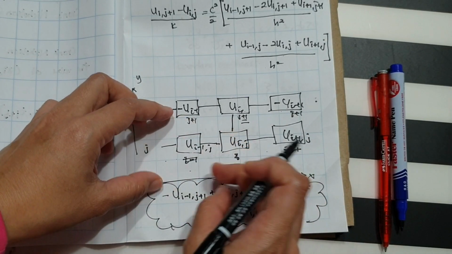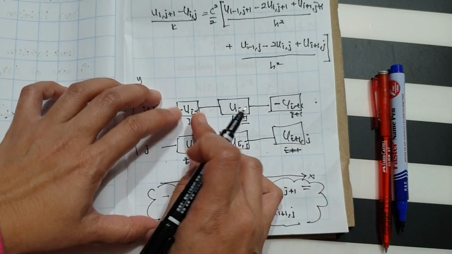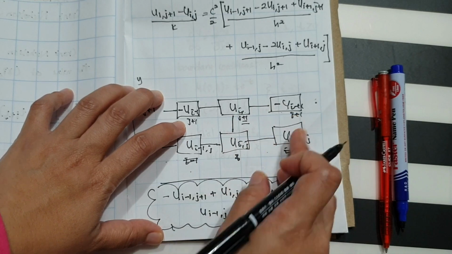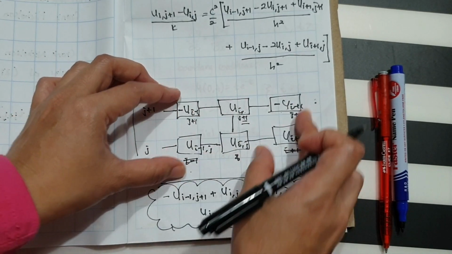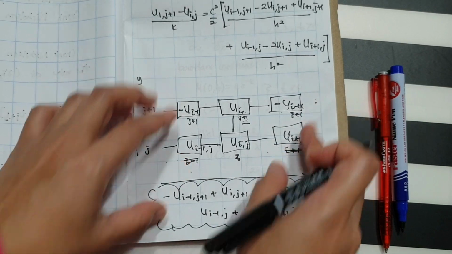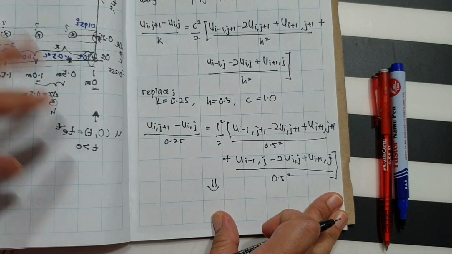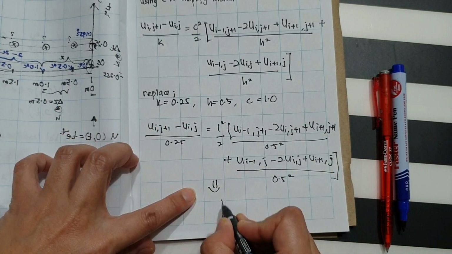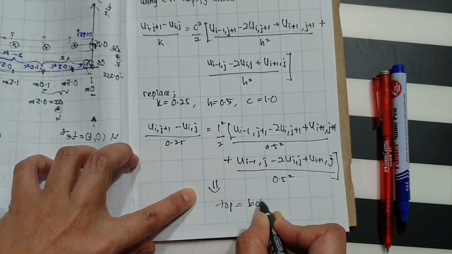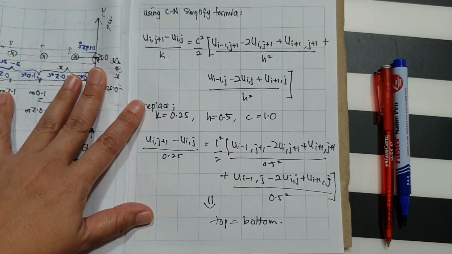You must make the formula in the form of top equal to bottom according to the position or the coordinate of the molecule, like this. So you have to rearrange and simplify your final equation over here in the form of top equal to bottom. I will show it after this.